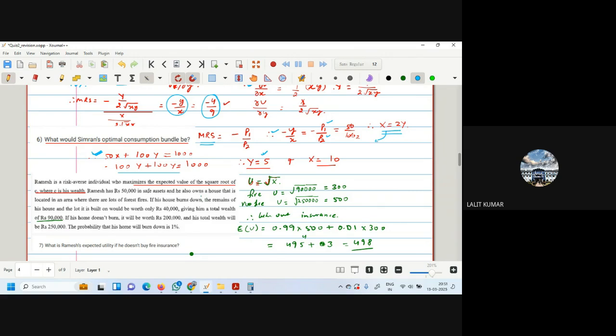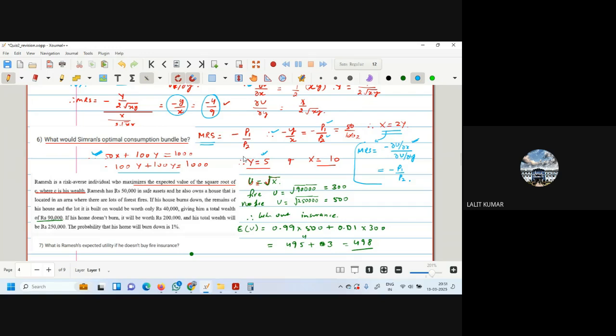So these are two important formulas to remember. MRS is equal to minus delta U by delta X over delta U by delta Y, and second, it is also equal to minus P1 by P2. MRS is the slope of the indifference curve, the utility curve.